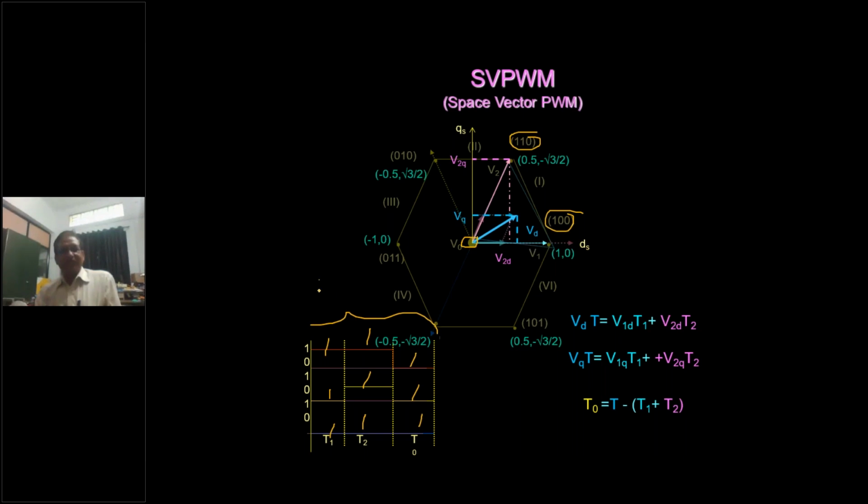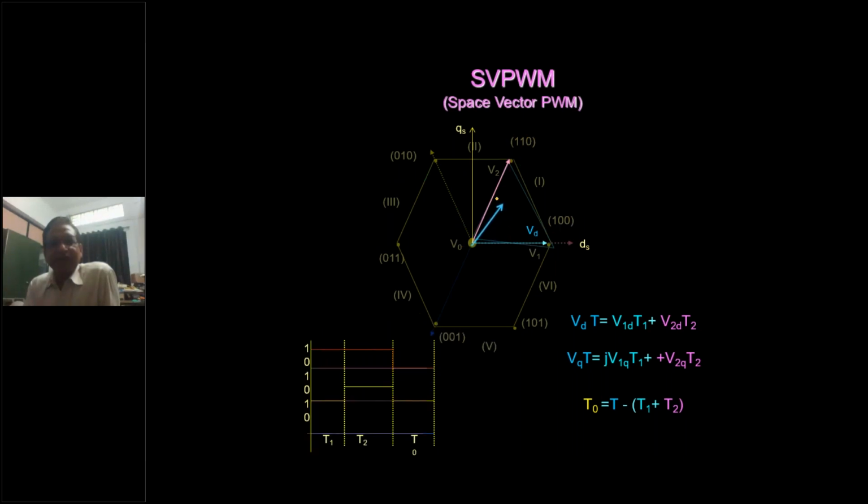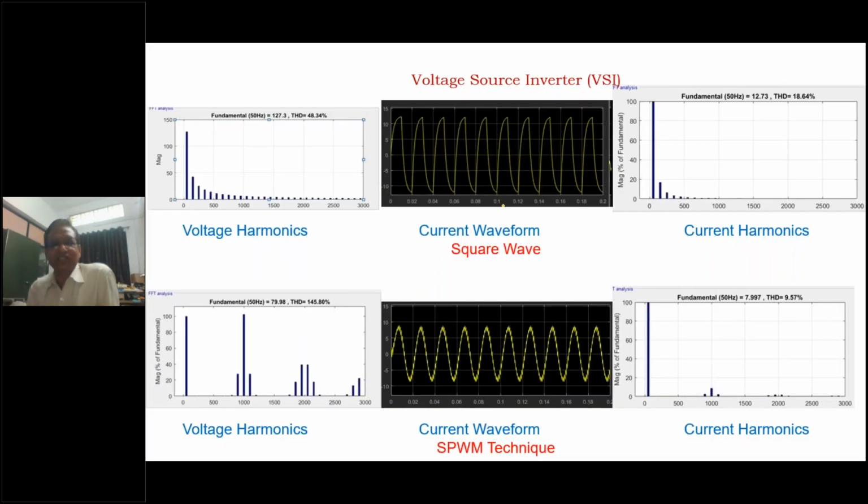This time period is 1 millisecond. After 1 millisecond, see this position. What happens after 1 millisecond? It goes somewhere else. Again, do the calculations. The first vector was here, now the vector is here. Again, calculate the switching time. Like this, we can do it.